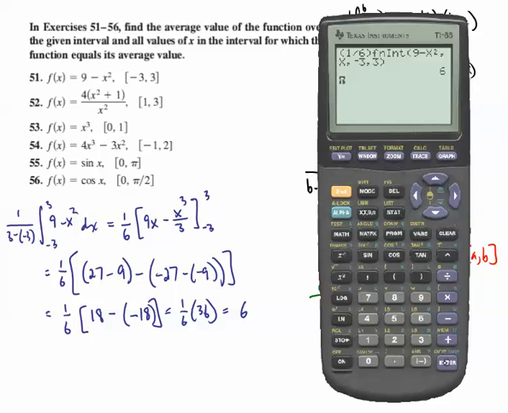If we hit second and enter, we can call up the last function. So instead of putting in 9 minus x squared, I'm going to call up the function y1. So we go to variables here, and then over to y variables, and then function and y1.